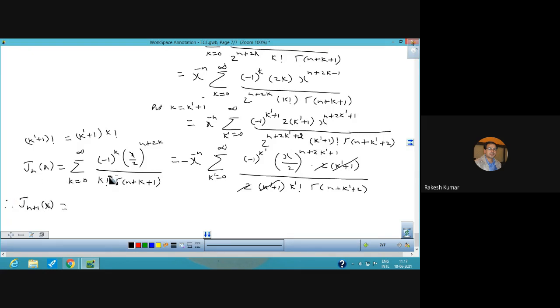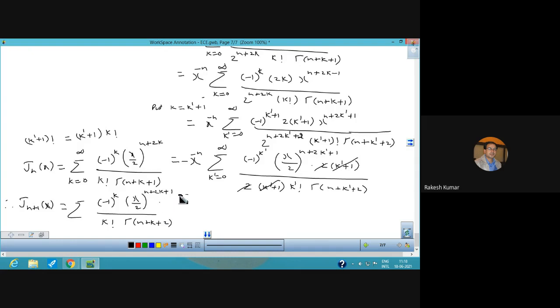Changing n to n plus 1. So when you change n to n plus 1, you will have x over 2 raised to power n plus 2k plus 1. And here you will have a factorial gamma n plus k plus 2, because n plus 1 will give you 2.